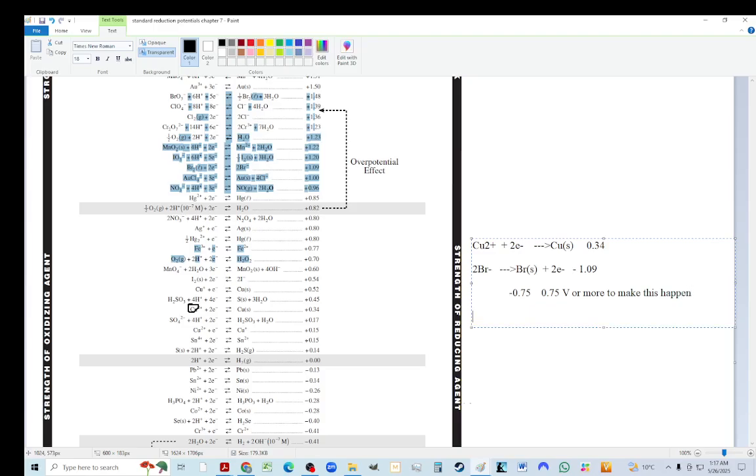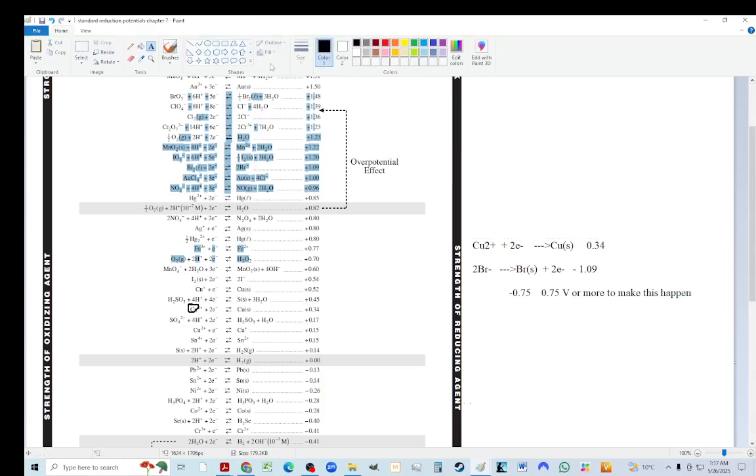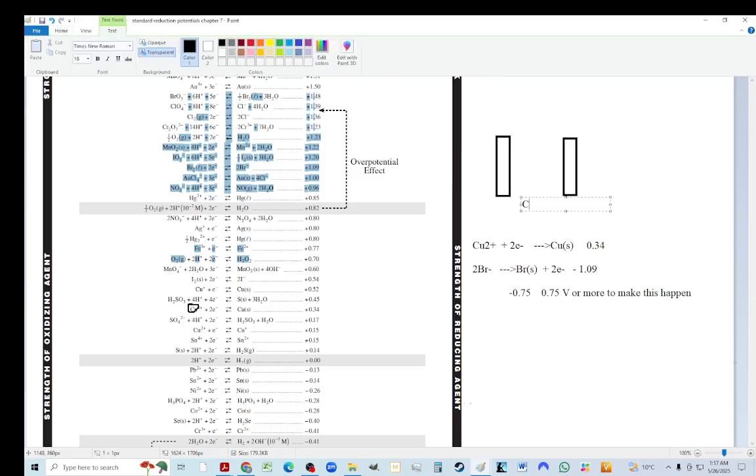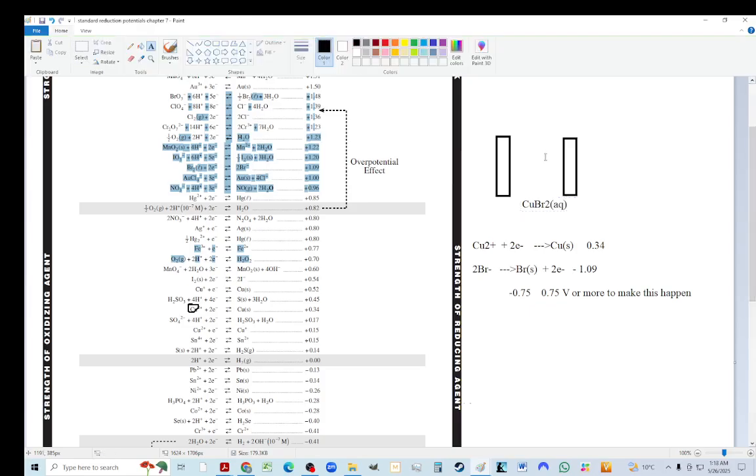The other thing that's interesting is they didn't ask us to draw it, but they should have. And these are inert electrodes, like this. The solution is here in with water. We know that the thing grabbing electrons is the copper.